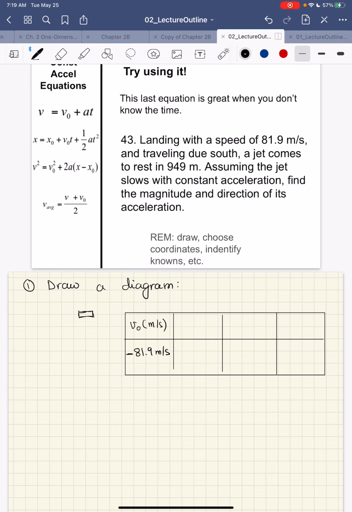I can say negative because it said south, so it is south. Traveling due south, a jet comes to rest. This is my V initial, 81.9, and then the final was 0.